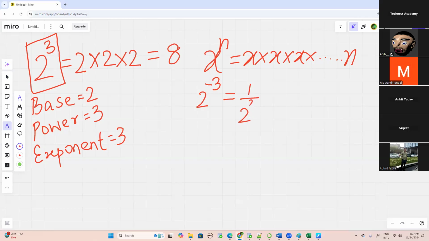So this is equivalent to 1 divided by 2 to the power 3. Whenever the efficiency or the accuracy of anything decreases, we put the power as negative. If something keeps on increasing, the power will be positive.